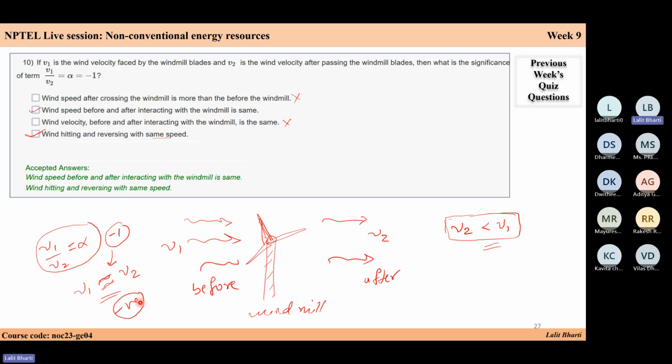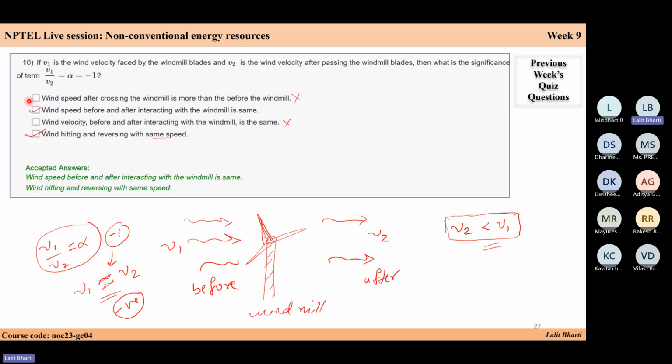For a conventional condition, V1 is higher, the wind before, and V2 is lower. Let's say V1 is 100% and V2 is 50. So your alpha will be higher than 1.